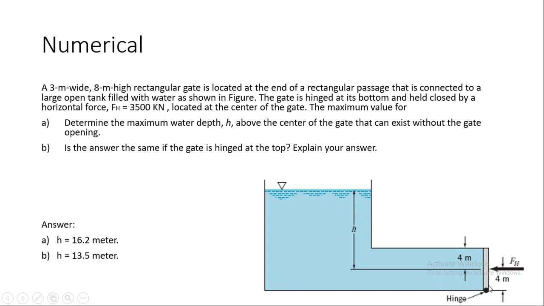So in the first part we have to resolve it such that the gate opens around an axis at the bottom part. You can see the black circular part. In the second part, you need to compare your answer when the gate is hanging from the top of this passage, with the axis of rotation at that part of the gate.